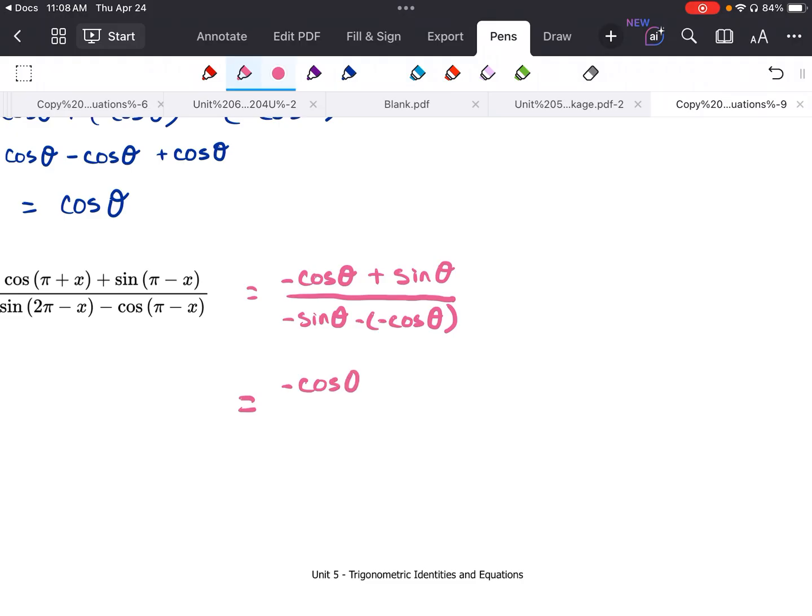We have negative cos plus sine over negative sine plus cos. You can see that the signs of the numerator are the opposite of the signs of the denominator, so the answer here would just be negative 1.